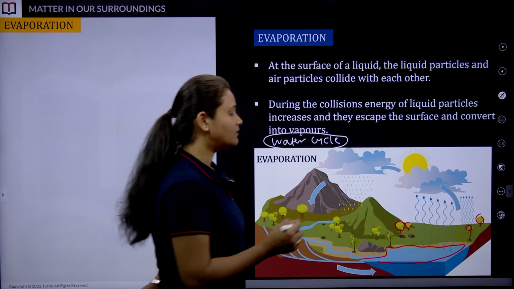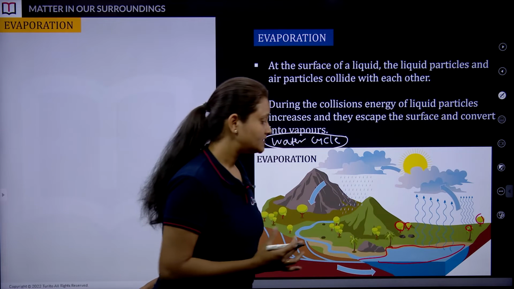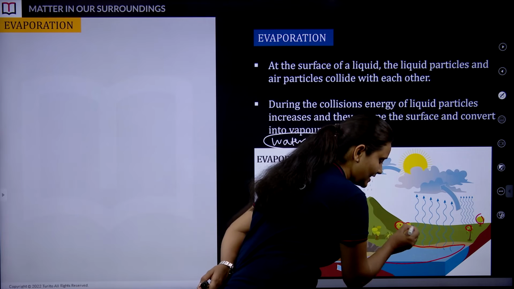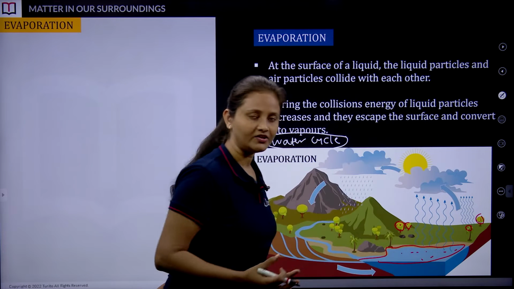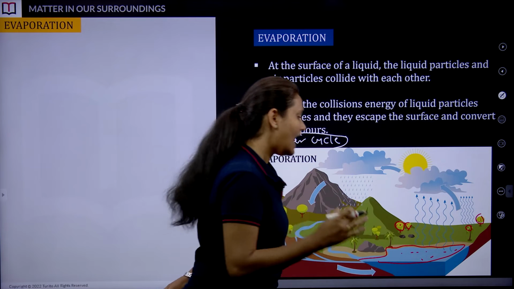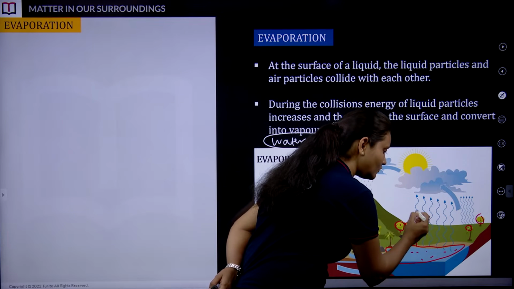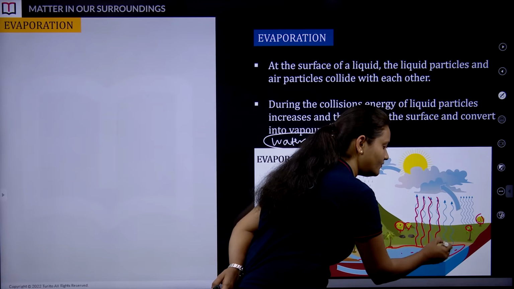So when they are exposed to sunlight, what happens? The molecules which are present inside this matter get heated up, they get extra energy because of the heat, and this is happening very spontaneously, and these liquid molecules or water molecules are getting evaporated, or they are becoming volatile.